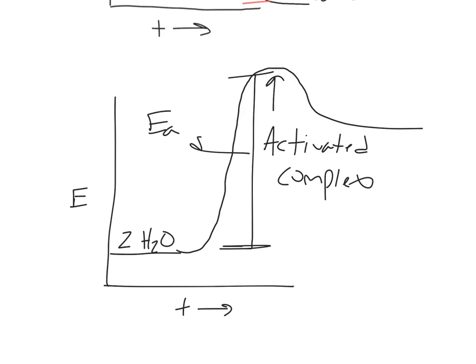Now the bigger this barrier is, the more difficult it is for this reaction to happen at normal ambient temperatures. If you have something that has a low activation energy, these reactions happen almost spontaneously without any outside energy. But this particular reaction is never going to happen at room temperature. No molecule of water is traveling at the right energy needed to form the activated complex.